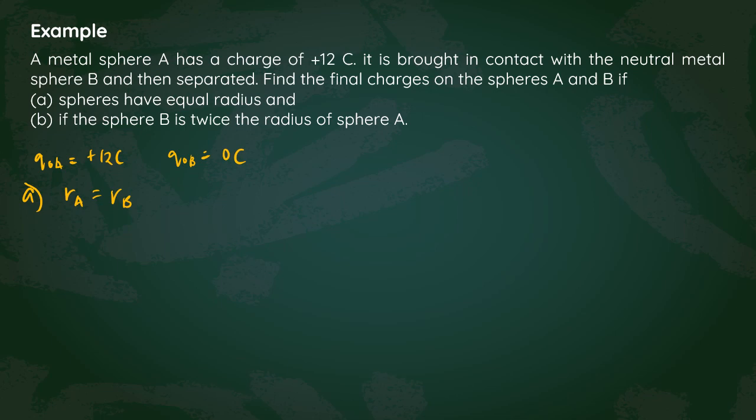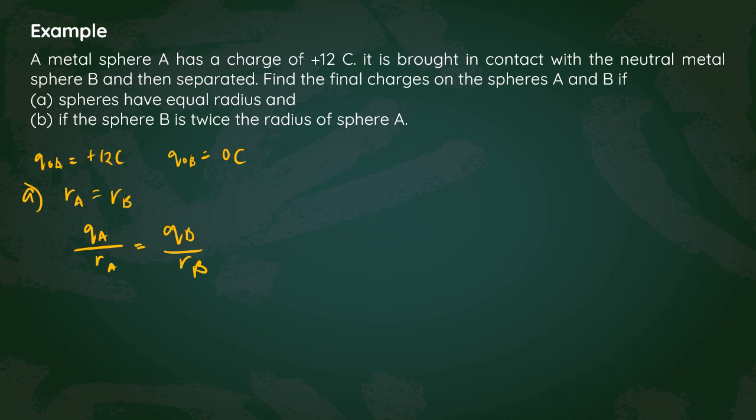Now, according to the conservation of charges, if the radii of the spheres are identical, then they will just share the total charges. So let's look into it mathematically. Since RA is equal to RB, the radius is proportional to the charge possessed by our objects. So we can express it as QA over RA is equal to QB over RB.